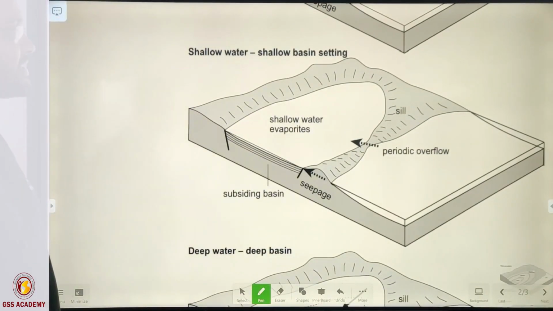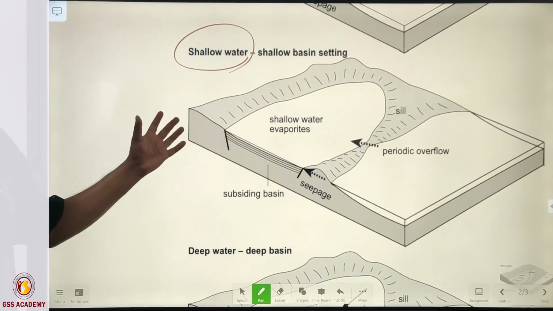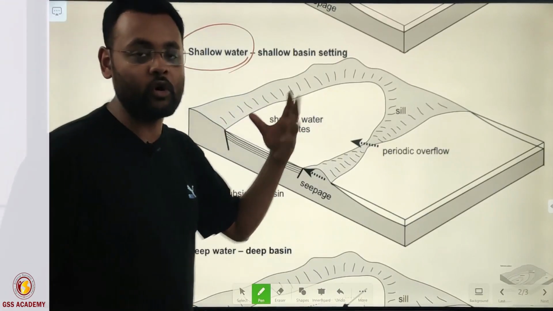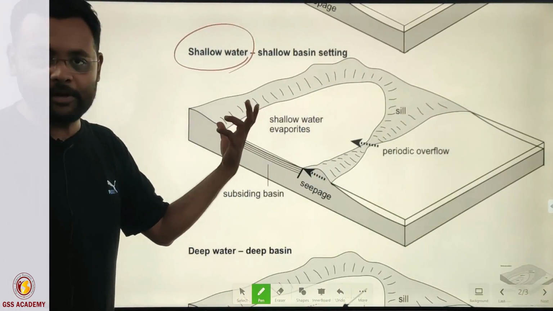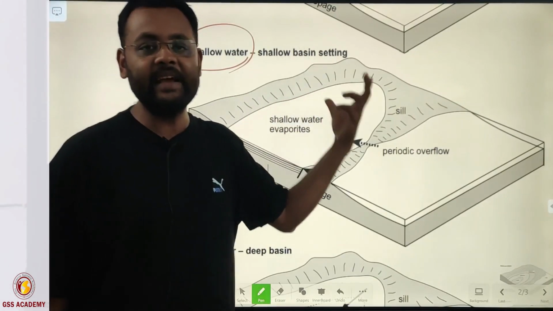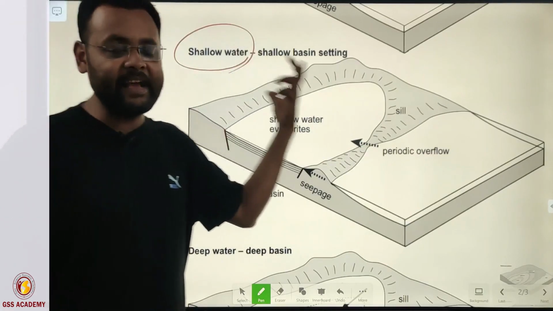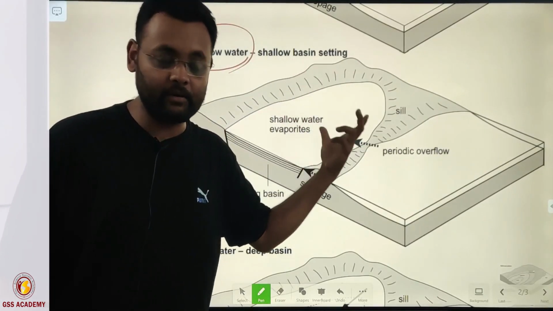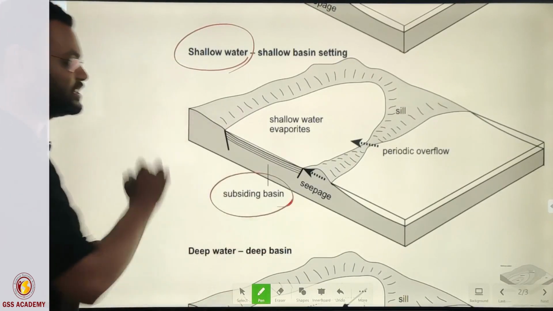Second one is the shallow water, shallow basin setting. In this setting, the basin contains a very low volume of water, so you may wonder how this particular setting will produce a relatively thick layer of evaporite. A very thick volume of evaporites will only result if this basin will continuously subside.